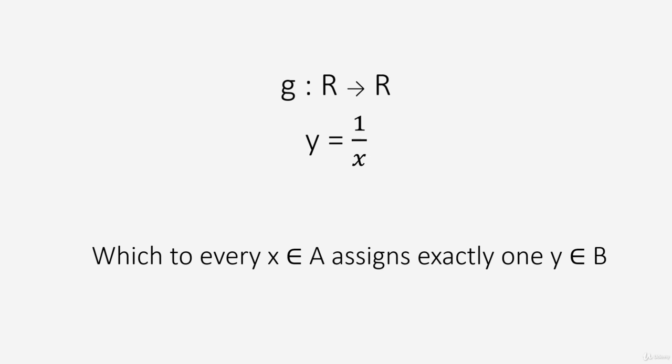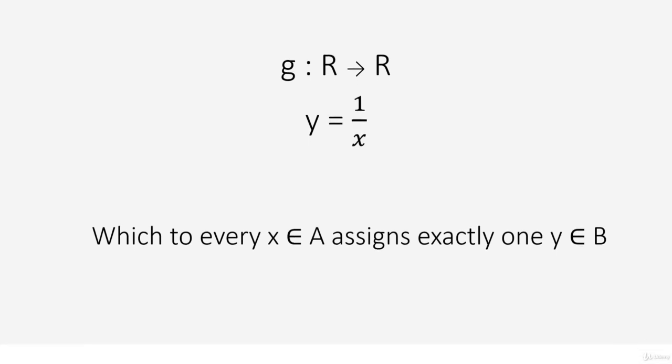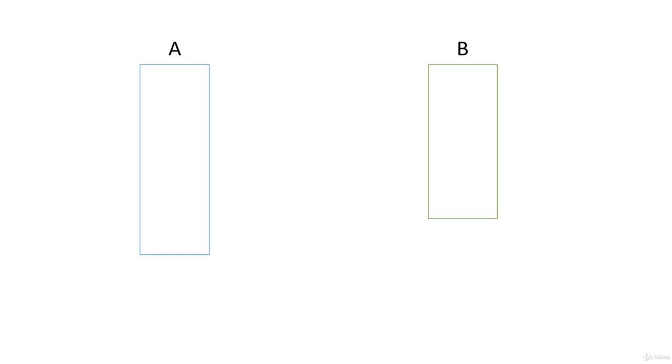Now, let's make an even more user-friendly definition. Here I will define sets like this. So this is set A and this is set B. And in set A, we have some elements, let's say 1, 2, 3, 4, and 5. And in set B, we have other elements, like a, b, c, d.